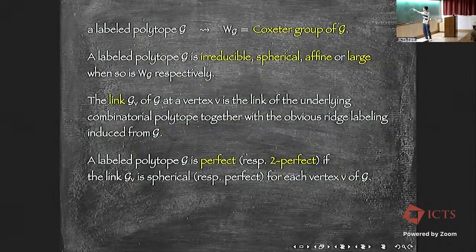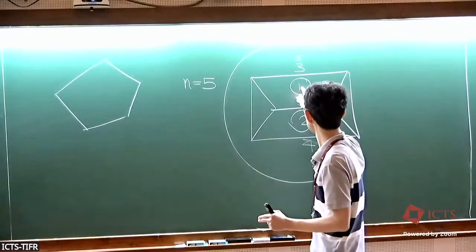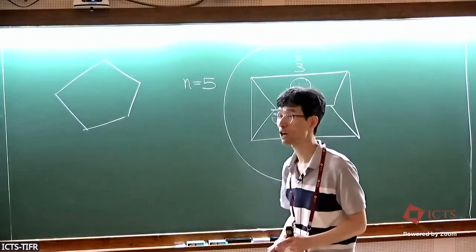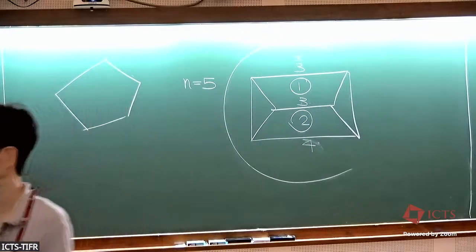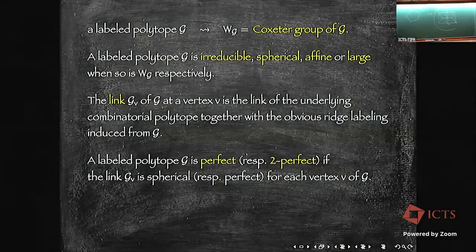Then let's say this one is the first facet, and this is the second facet, and this is a 3. Okay. So between 1 and 2, the dihedral angle is pi over 3. So we can produce the Coxeter matrix similarly as for Coxeter polytopes. Then from there we can have this Coxeter group.